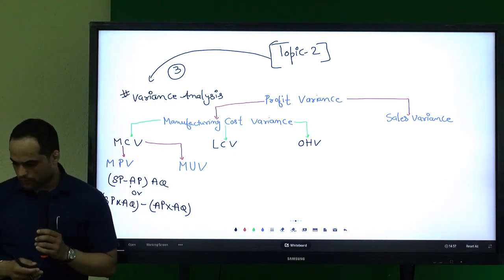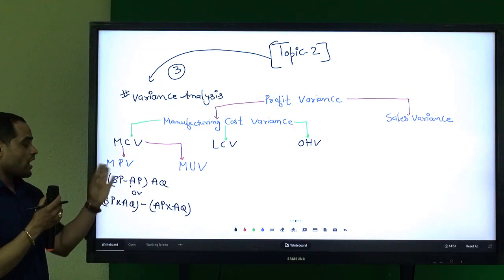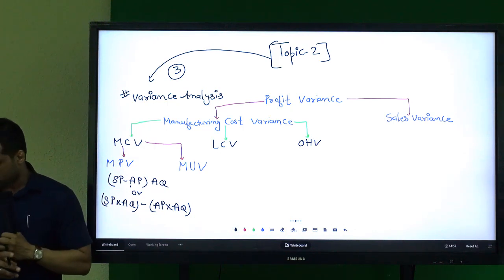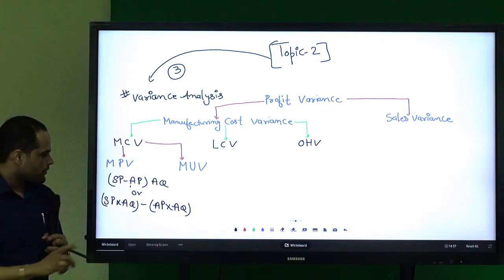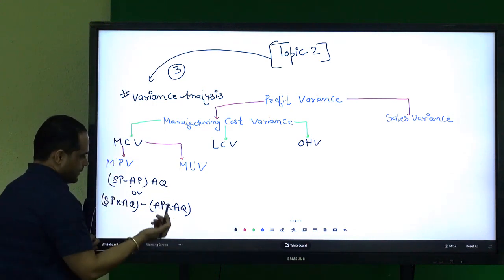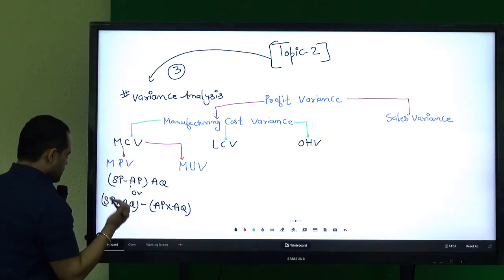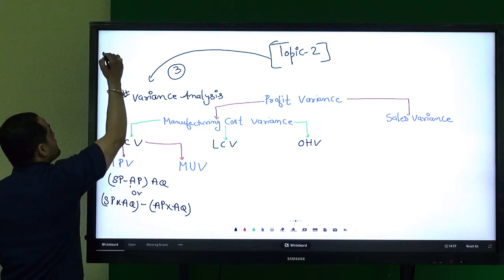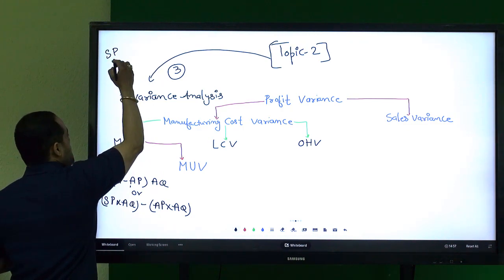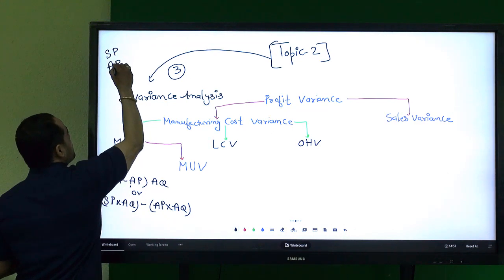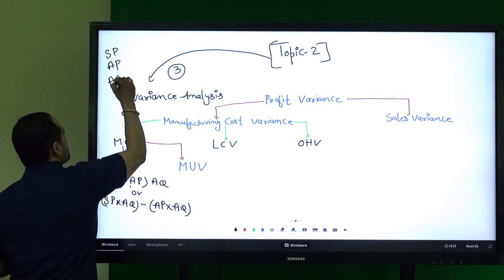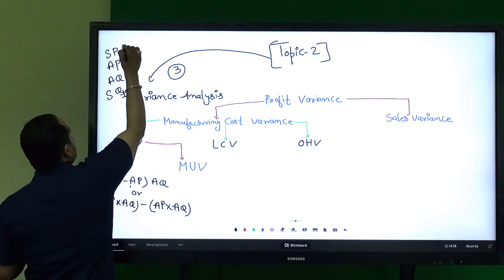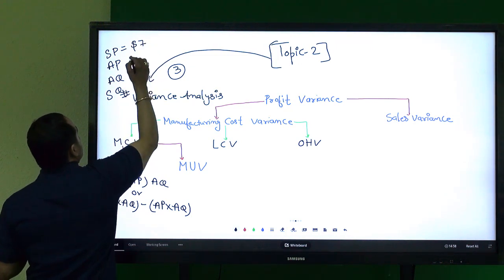So let me calculate it for you so you can get the idea of how to estimate the material price variance. Let's say my standard price, actual price, actual quantity, and standard quantity are as follows. Standard price is $7.